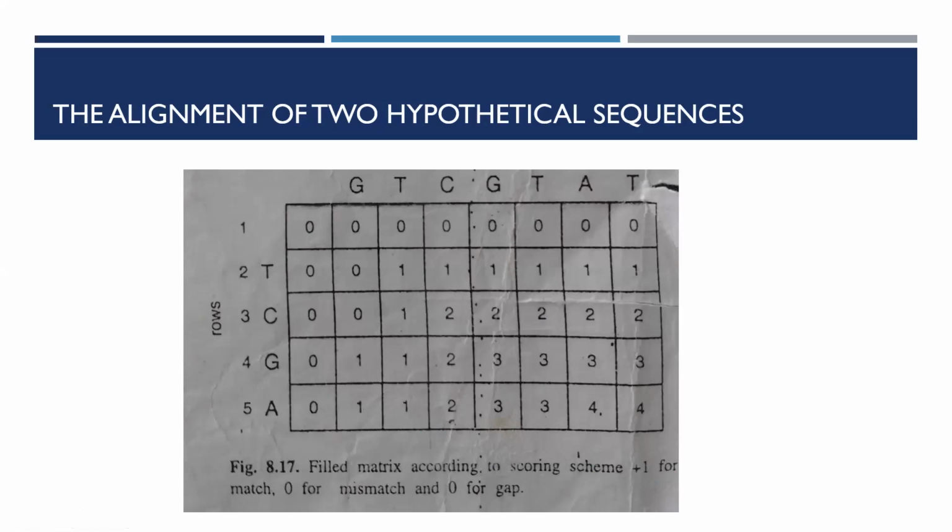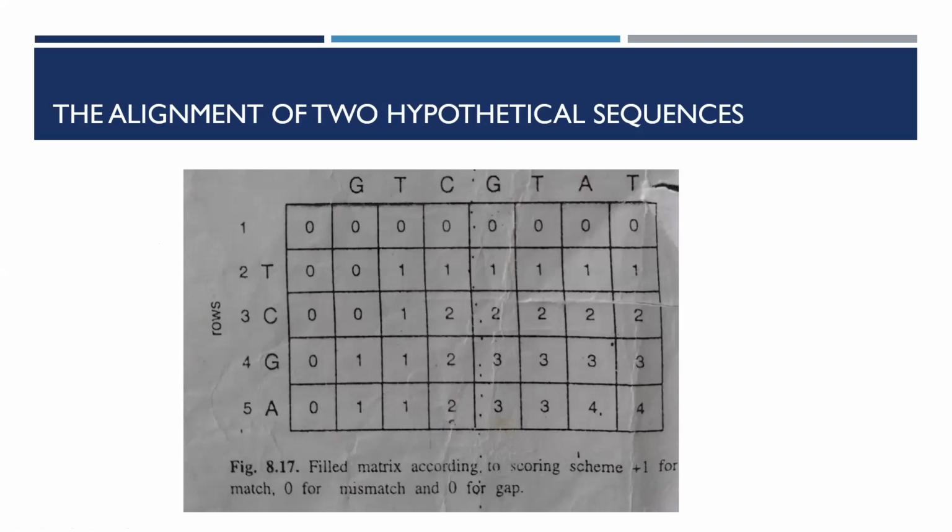So what I'm trying to explain is, applying the dynamic programming method I discussed so far, how the matrix is filled with the alignment scores, which will be used to get the alignment of these two sequences. These are the two hypothetical sequences considered to get the alignment by dynamic programming method.